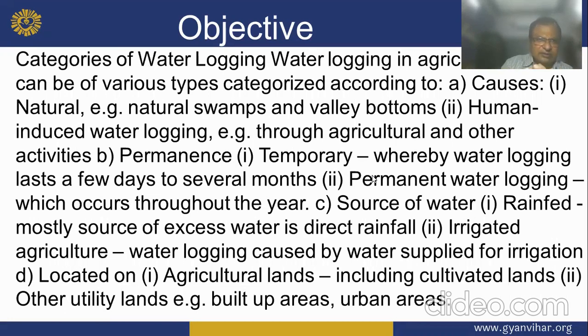Categories of waterlogging. Agricultural land can be categorized into various types according to cause: natural, that is, natural swamps and valley bottoms; and second, human-induced waterlogging, that is, through agriculture and other activities.